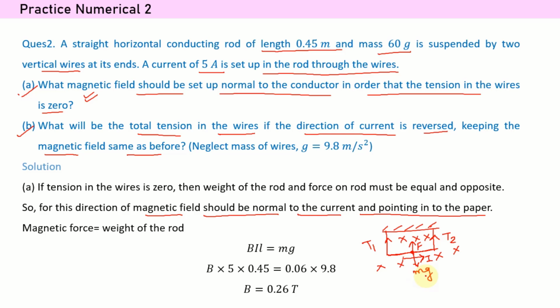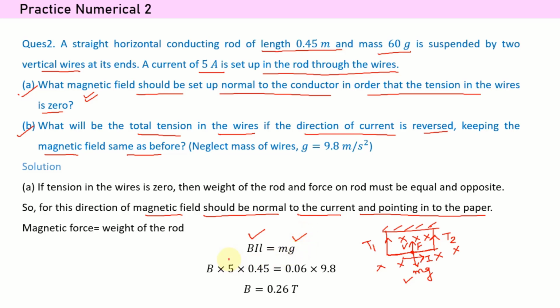But it is given that the tension in the wires is 0. So the weight of the rod and the force on the rod should be equal and opposite. So we can write this force as BIL and weight as mg. Let us equate the two.